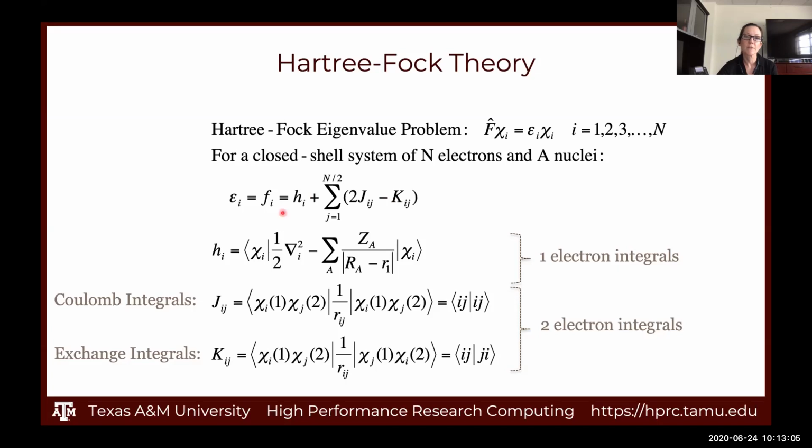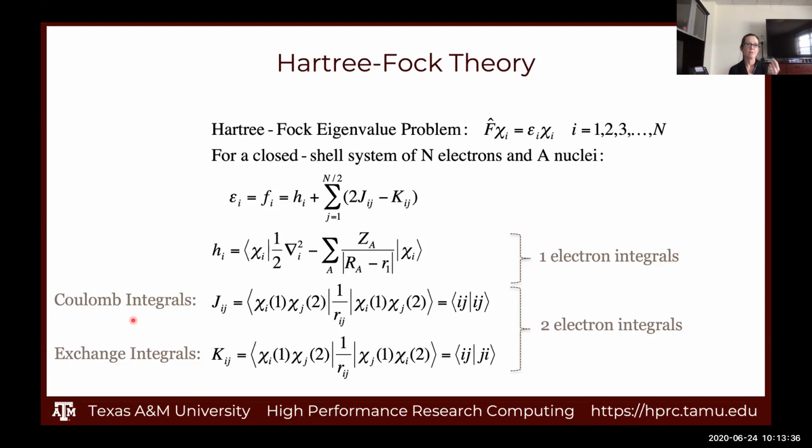Okay, so the form of this 1 electron operator is just the kinetic energy of that electron and the electron nuclear attraction term. Okay, so these are very fast, the 1 electron integrals that it calculates. The Coulomb and exchange integrals are the ones that it spends most of its time computing. So the Coulomb integral is a very intuitive interaction. The interaction is the electrostatic kind of interaction.